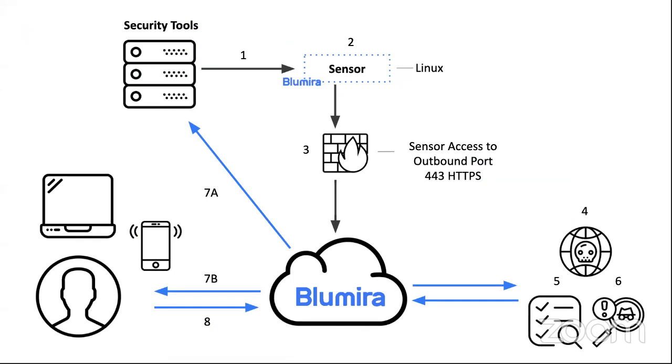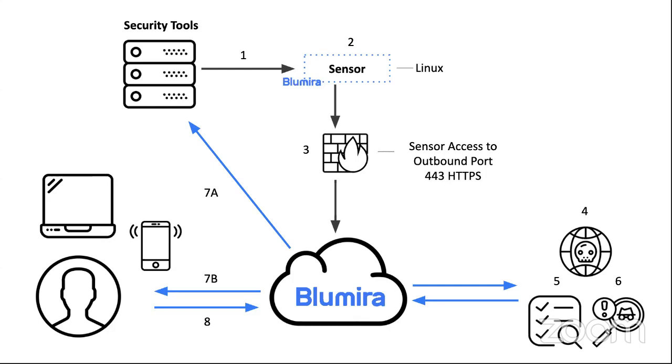Blumira does all that. The way we do it is using a cloud-based service. It's a simple setup. I'll go into a little bit more on the architecture and in the Q&A if anyone has detailed questions, but all the important parts of Blumira are in the cloud. All the storage, processing, and so forth is in the cloud. Uptime is managed by us, capacity planning is managed by us. What's needed in your environment is a small sensor that acts as the collector of syslog data from things like on-premise devices.